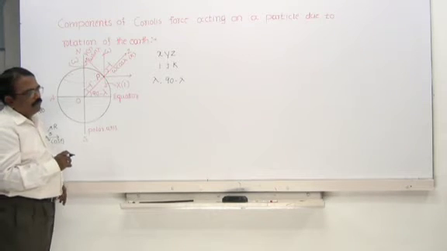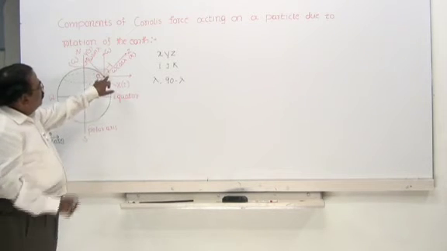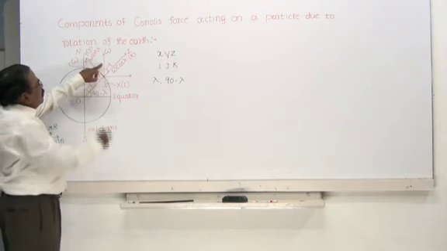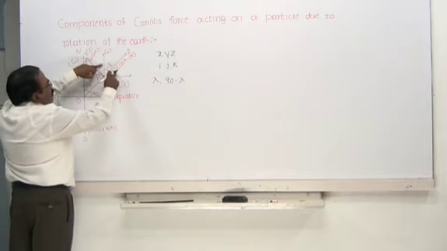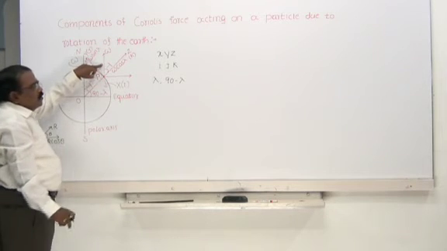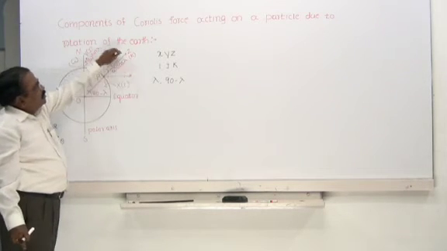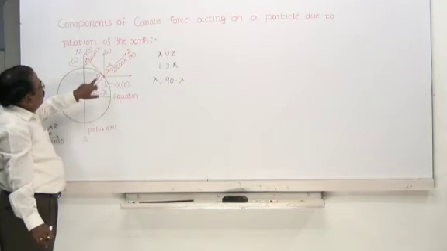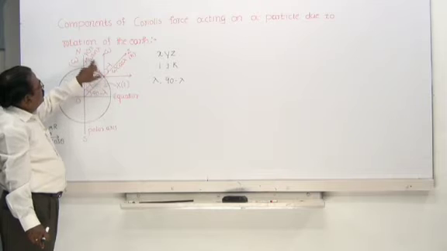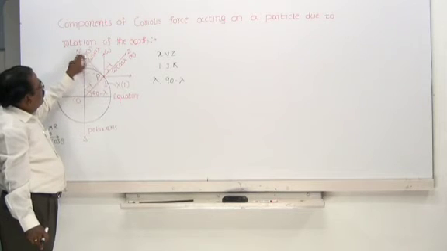Similarly, for this omega, if this is your lambda instead of theta, along this is omega cos lambda, definitely along the z axis. Then this is omega sin lambda along the y axis.